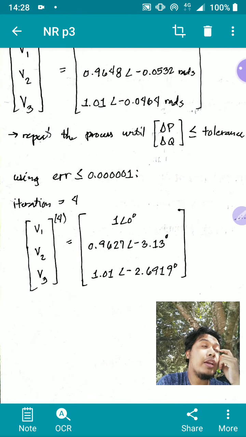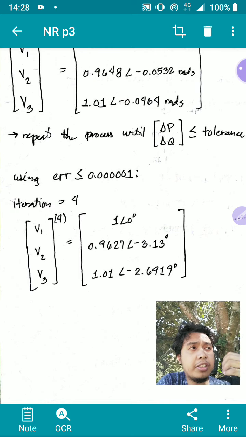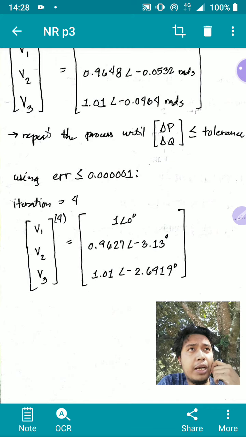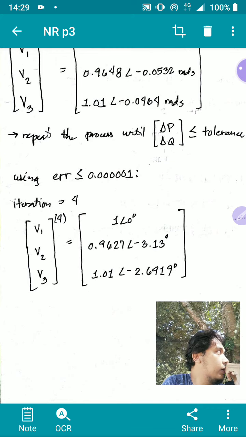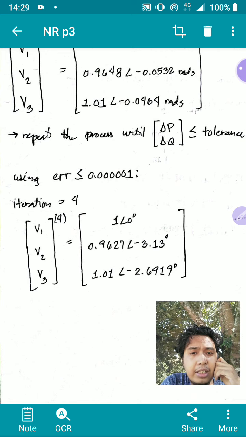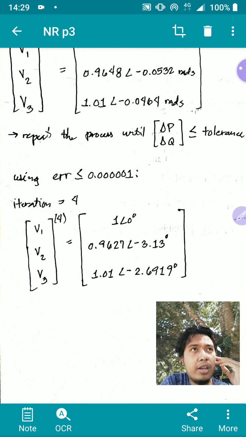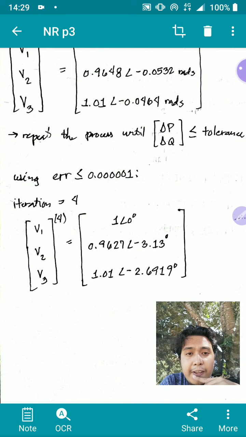So, main takeaways for Newton Raphson versus Gauss-Seidel. Gauss-Seidel is a lot easier than Newton Raphson, but Newton Raphson reaches the solution a lot faster. You're done with the solution after 4 iterations versus after 8 iterations.